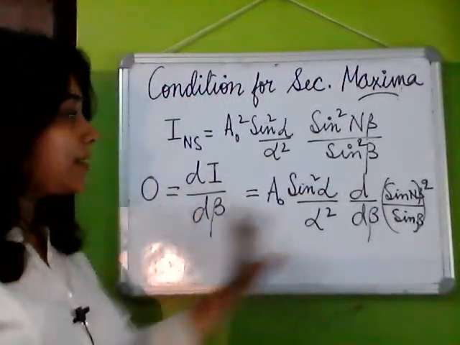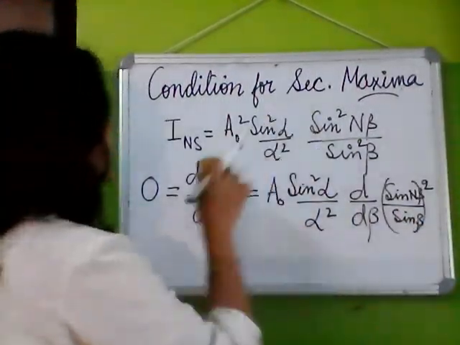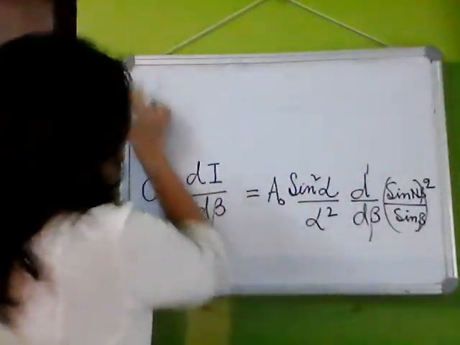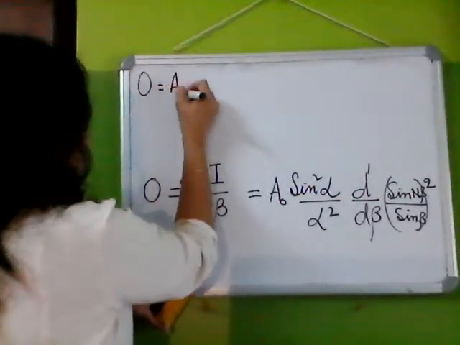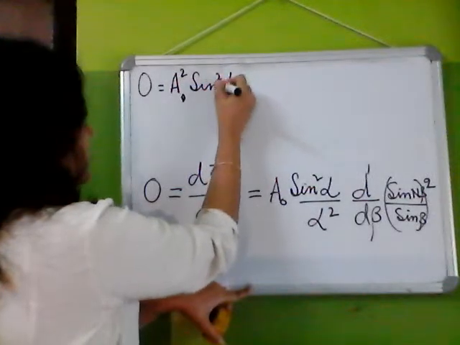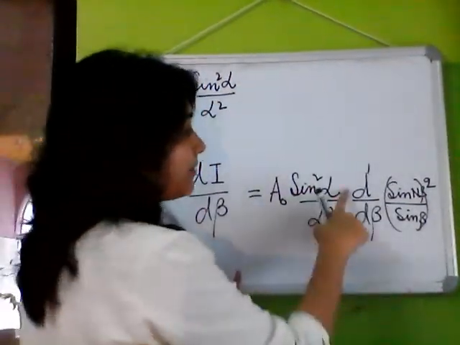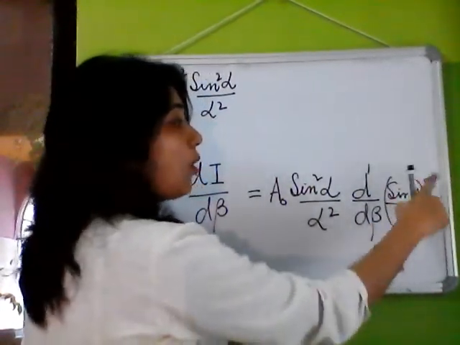Alright, so now let us move forward. So what we are going to do, we are going to solve for this part. So what do I have? I have 0 is equal to, this part remains unaltered, sine square alpha by alpha square. So see, what am I doing? I am differentiating the term sine n beta by sine beta whole square.